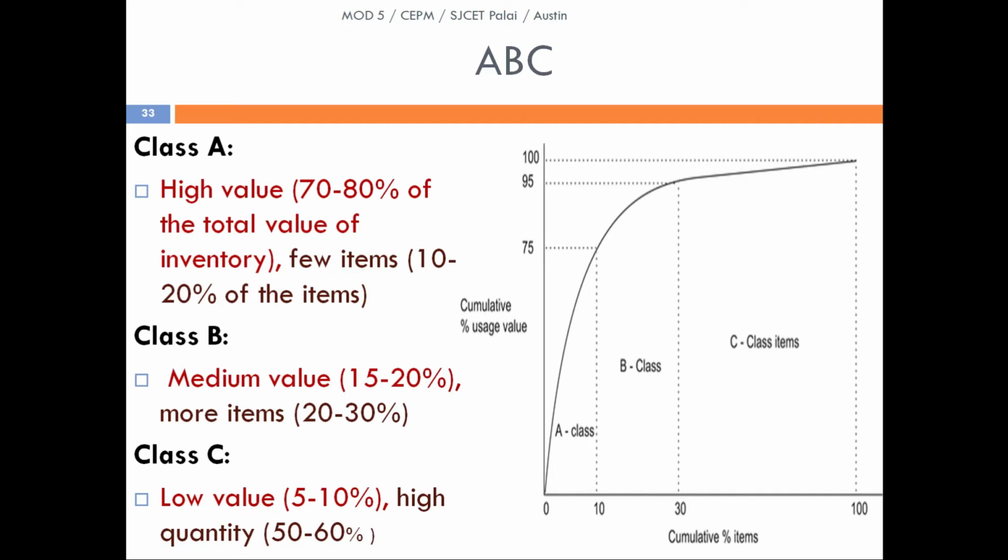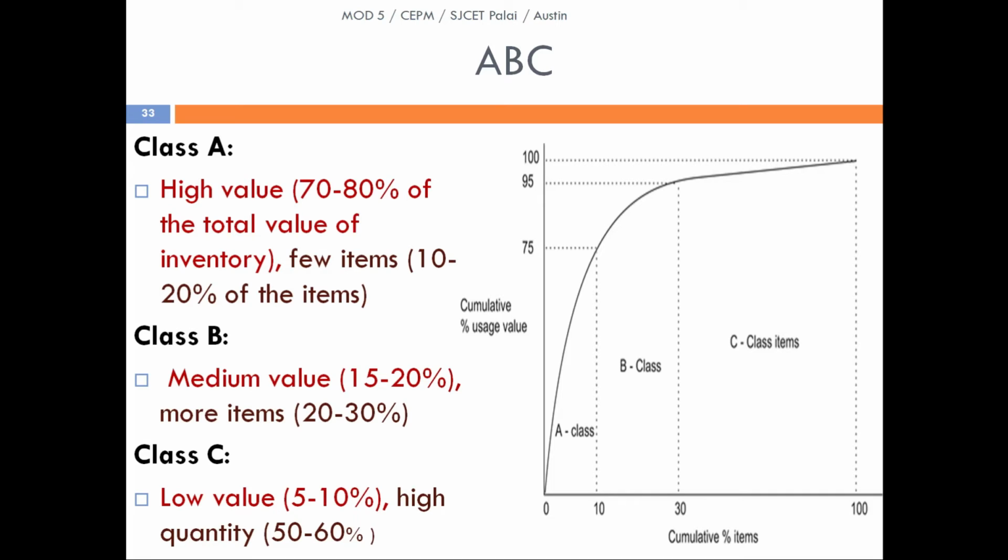We can see this A, B and C distribution everywhere, in different countries and different companies. So this is being explained in the case of ABC. If we look at this graph, we can see the x-axis with the cumulative percentage of items and the cumulative percentage of usage value on the y-axis.